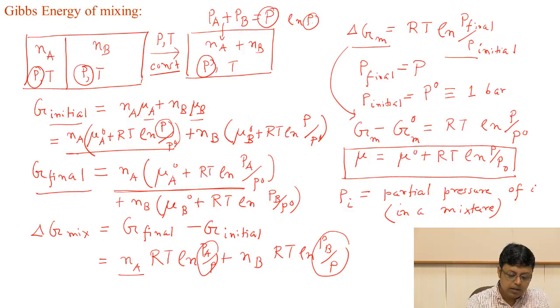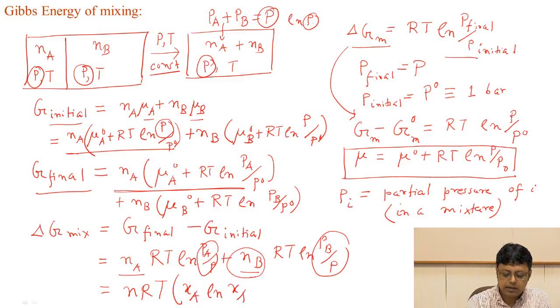Now, this Na and Nb are nothing but the moles of A and B. That also we could write as a mole fraction times the total moles, which is, if we write it as XA into nRT, and here we can write it as XB into n into RT. So that nRT we can take common, and we can write XA ln XA plus XB ln XB.